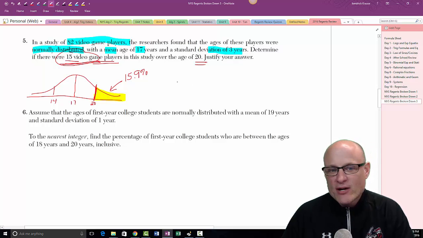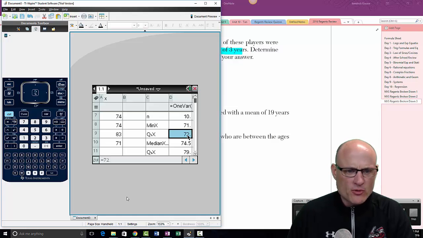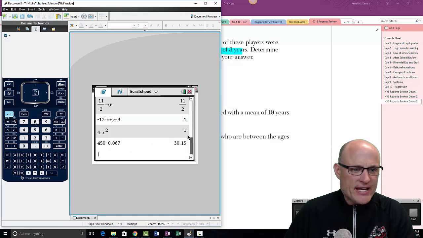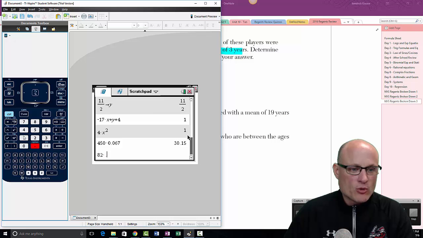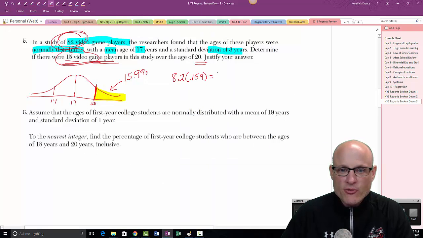Yeah. But you've got to remember there were only 82 players. So what we have to do is take the 82 players, multiply it by 15.9%, which is 0.159. And I get, I believe, 13 point something. So 82 times 0.159, and I think it's 13.038.